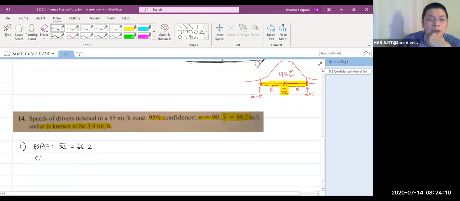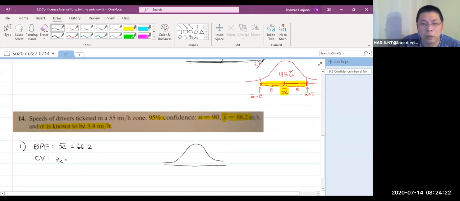Now, critical value is z critical equals, let's do this little sketch on the right hand side here. We know that x bar will be normally distributed with 95% area in the middle. The remaining 5% is shared by both tails, so each of them will have 2.5%. Now the critical value we are looking for is located here.